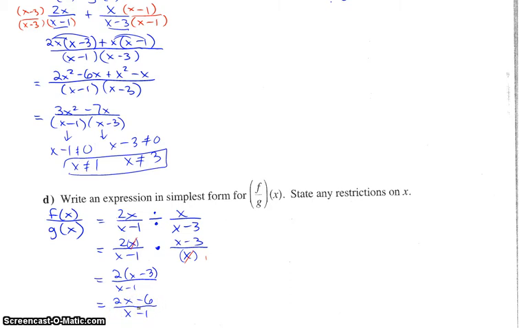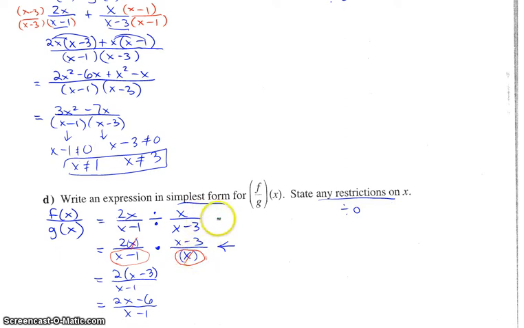All right, we're good. Write an expression in simplest form. I think we've got that. State any restrictions on x. Again, we're concerned with dividing by 0, so let's look at before we canceled off. In this step, we're dividing within this fraction, and here within this fraction.